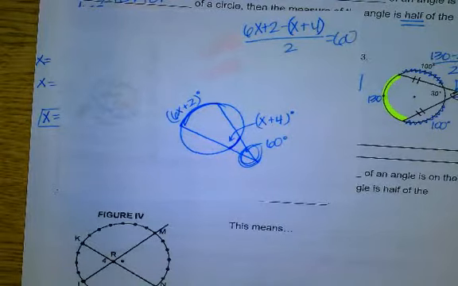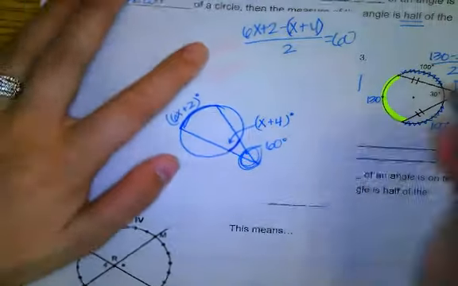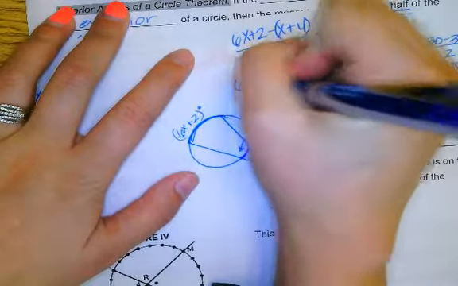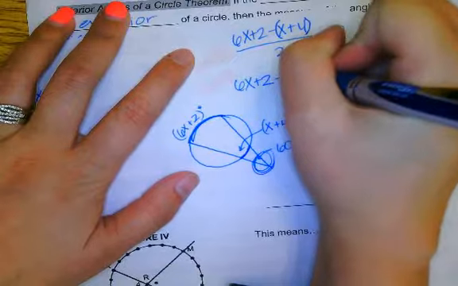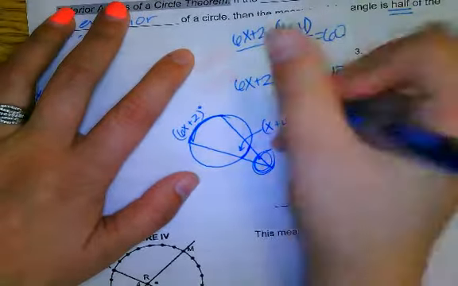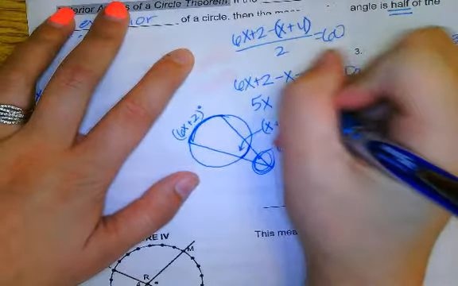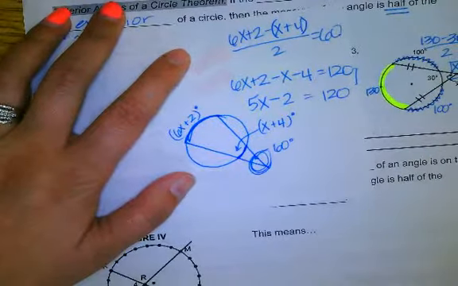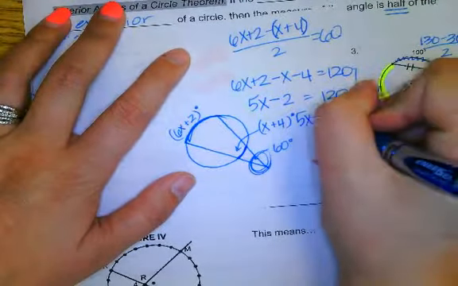So to go through with the problem, I would multiply both sides by 2. So I have 6x plus 2 minus x minus 4 equals 120. I have 5x minus 2 equals 120. 5x equals 122.